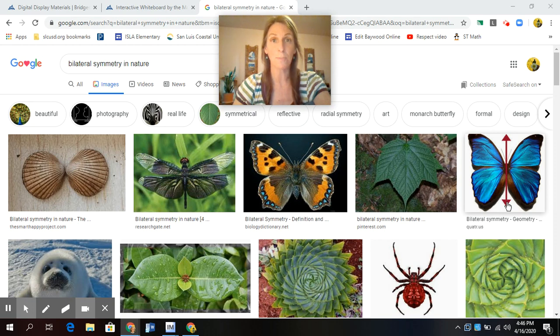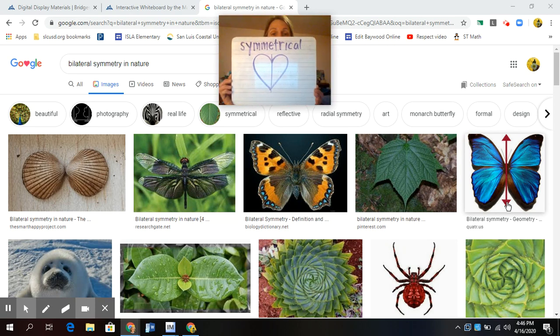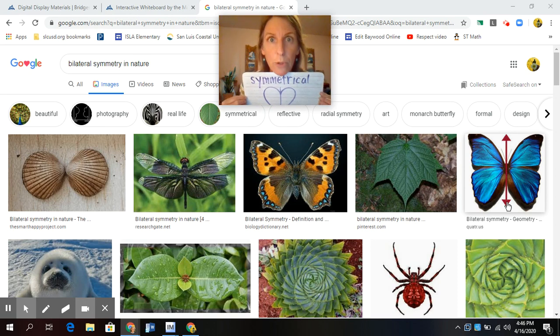All of these shapes are symmetrical, and that is what we were talking about when we were last together for Number Corner. We had this word symmetrical, and I drew that heart and I drew that line going down the center of it. It might have been better if I'd folded a piece of paper.